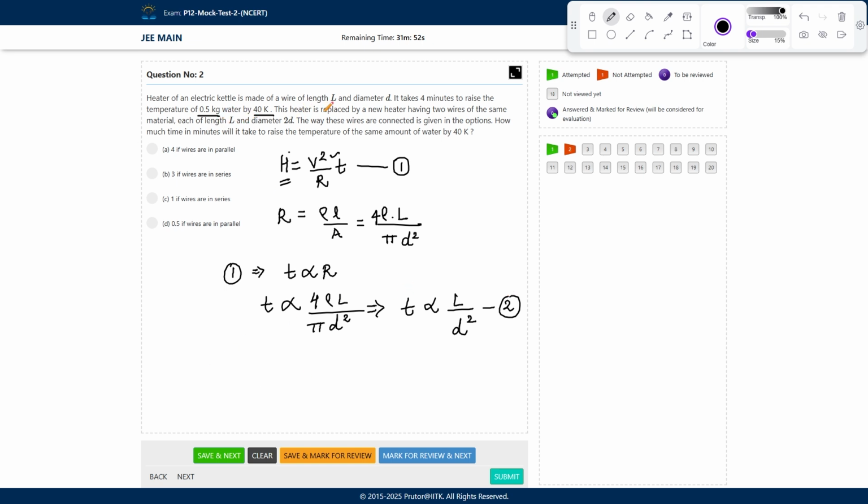Now for the second case, this wire is replaced by two wires of the same material, each of length L and diameter d.